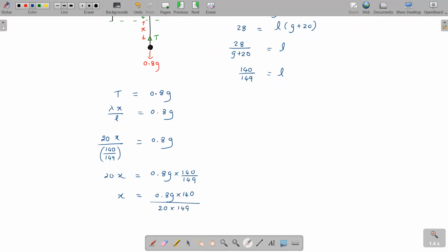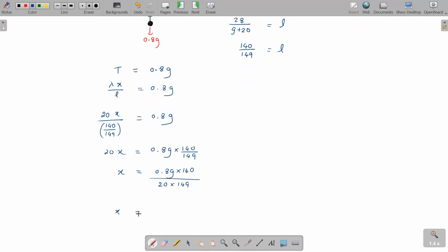So you can see here 20 comes down with the 149. Okay, so type everything in the calculator. Can I know the answer for x? Give it for a few extra decimals at this point. What is the answer here? 1,372 divided by 3,725.